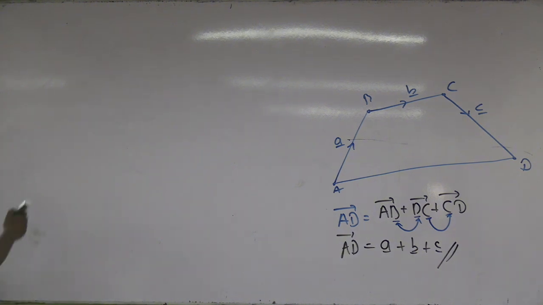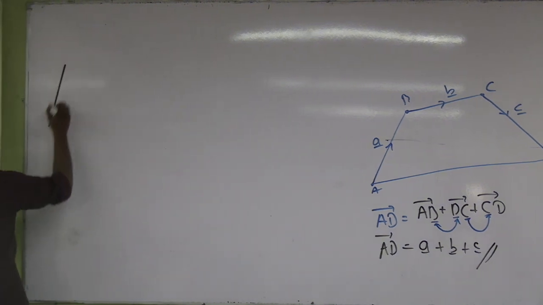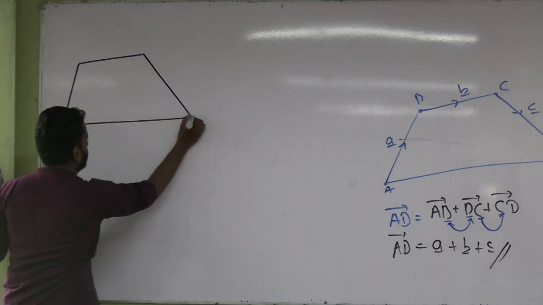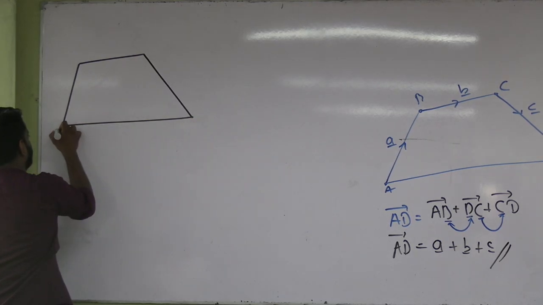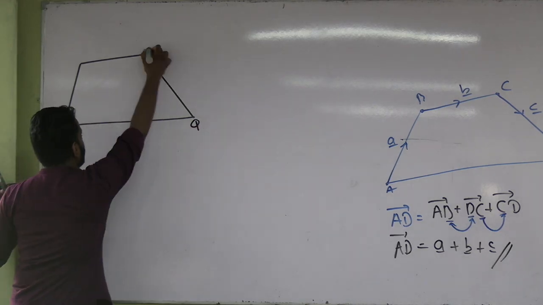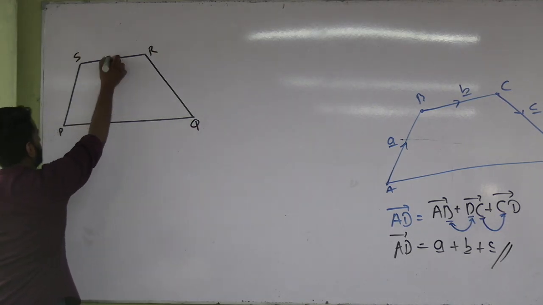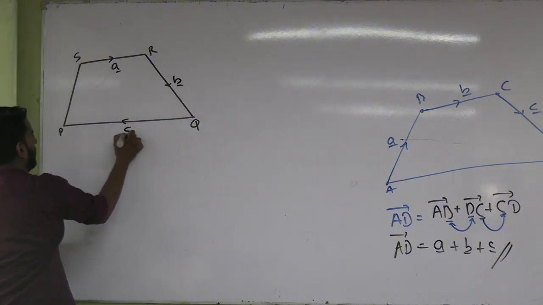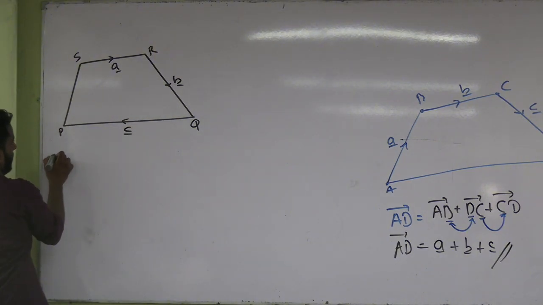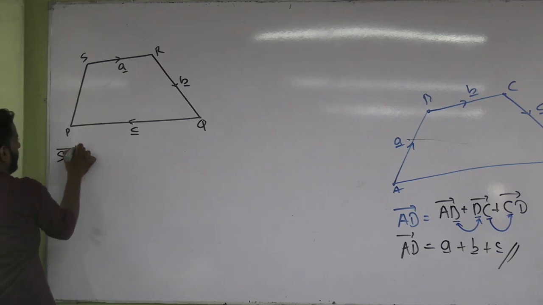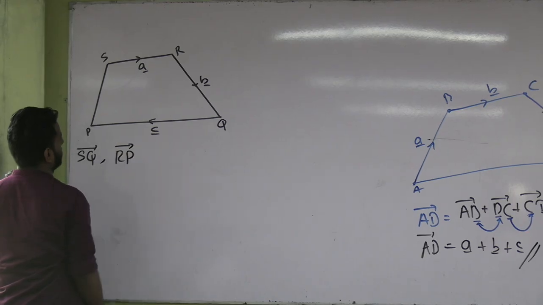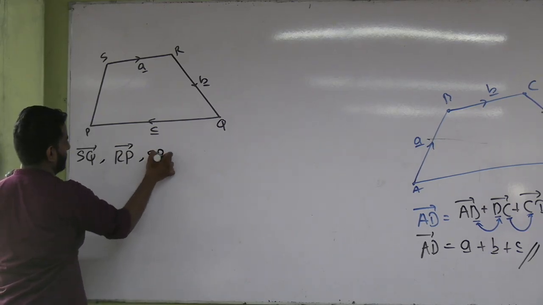Right, so I'll write a few examples here to start these questions. We have the points P, Q, R and S. This is given as A, this is given as B, and this as C. You are supposed to find the vector SQ, the vector RP, and the vector SP here.